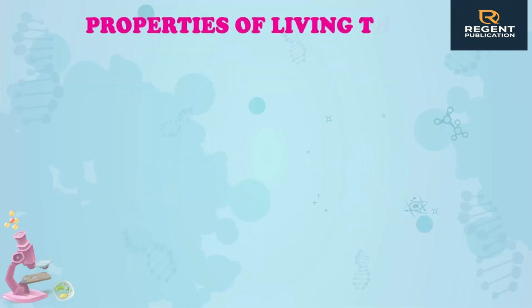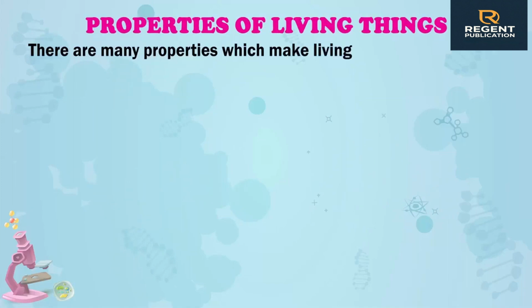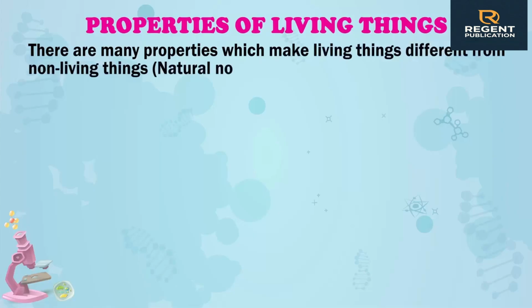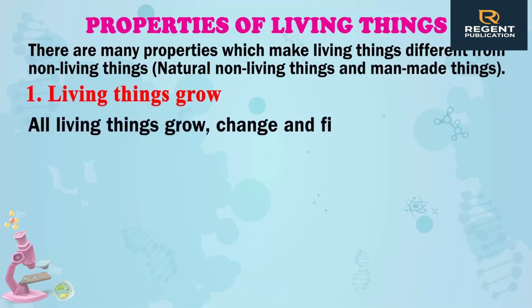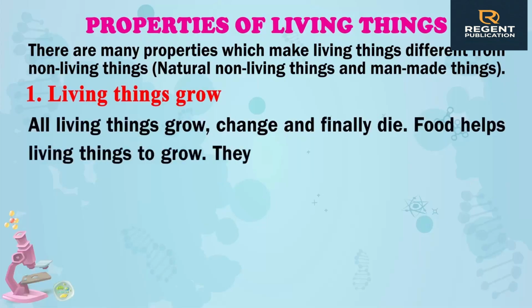Properties of living things. There are many properties which make living things different from non-living things: natural non-living things and man-made things. Living things grow. All living things grow, change, and finally die. Food helps living things to grow.